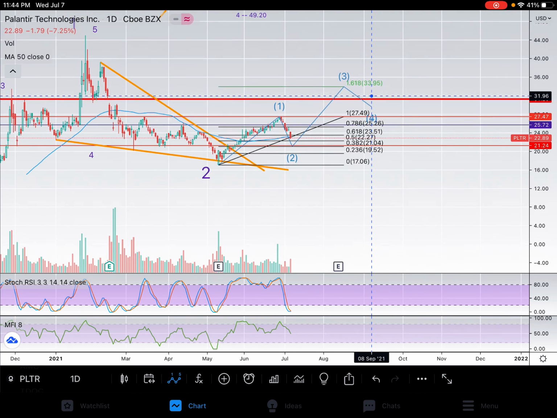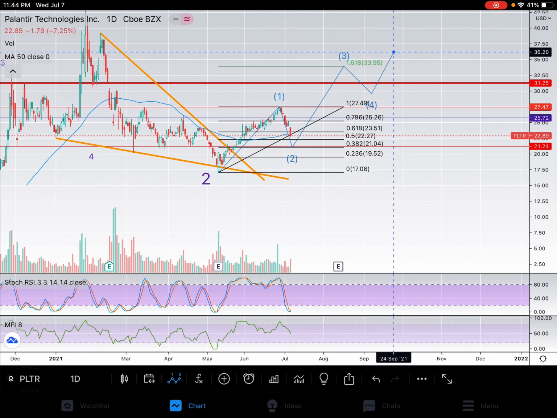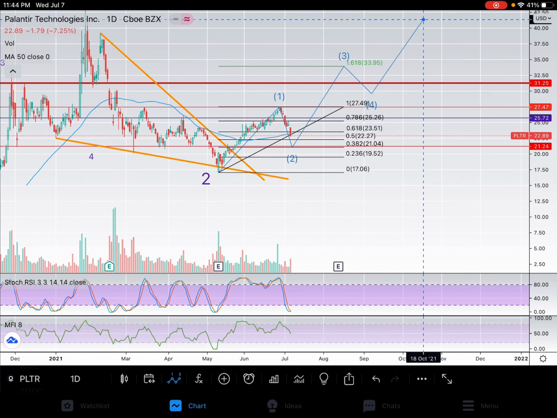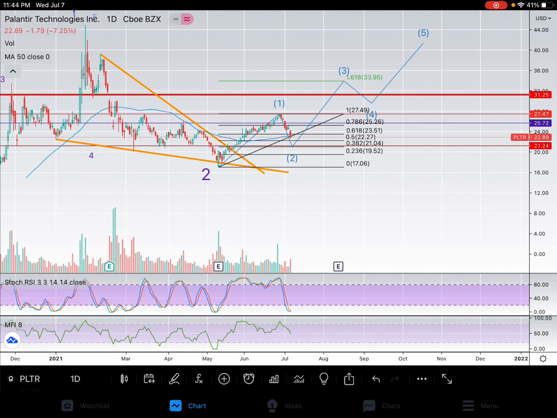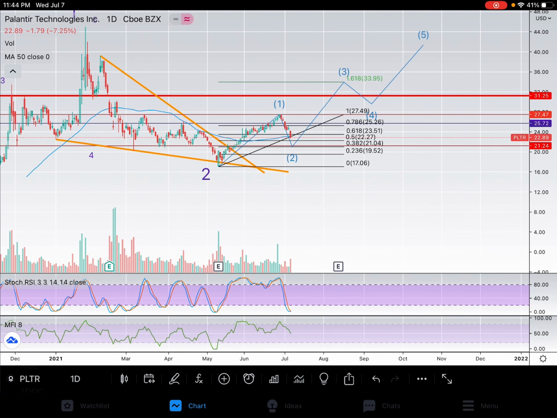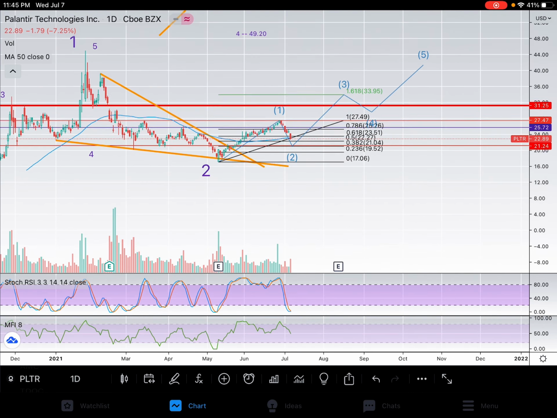And then wave 5 is usually the same length as wave 1. So this is the structure we're going to be looking at on Pltr, on 1, 2, 3, 4, 5. And then that 1, 2, 3, 4, 5 will ultimately end up being a larger wave degree 3.